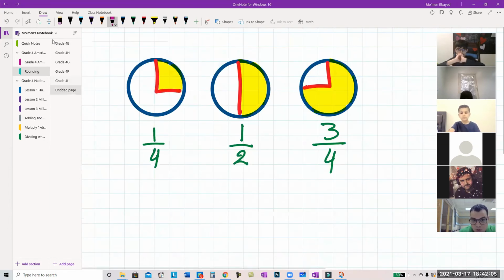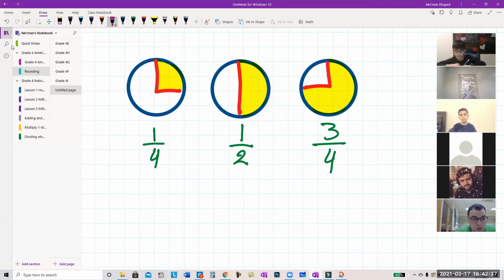As we learned before, we have three common fractions. You have to keep them in your mind: quarter, half, and 3/4. It's very simple. You studied this before in grade 1, grade 2, and so on, and they are very common fractions, right?